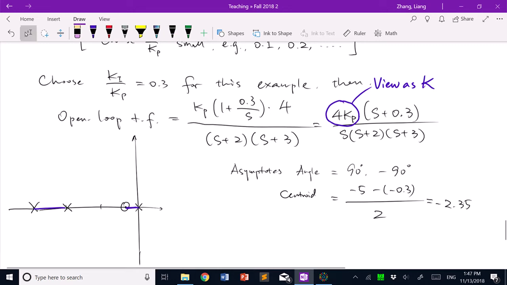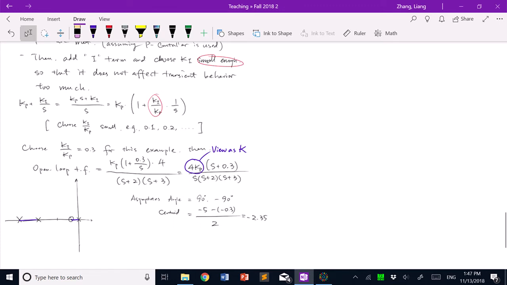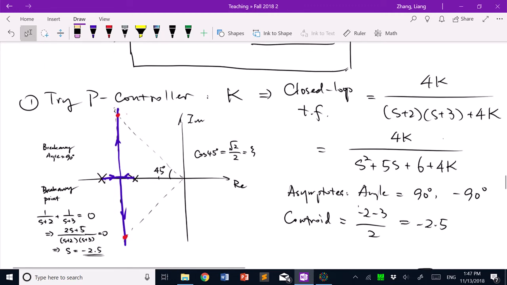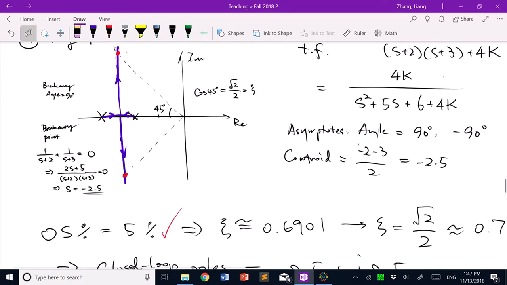Now you can even compare with what we have above. When you have a pure P controller, the centroid is at negative 2.5. Right here we have negative 2.5, the asymptotes have the same 90 degree, negative 90 degree angle, and the breakaway is at negative 2.5 as well.